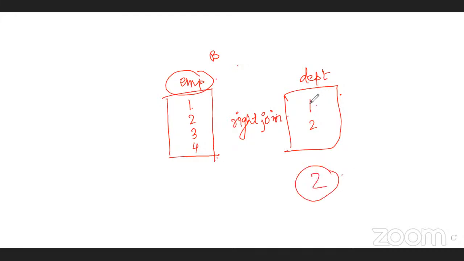If it is 3, 4, then it is 3, 4. So it will always return the number of tuples in the right-hand side table, and for the left join it always returns the number of tuples of the left side table. So both maximum and minimum are the same. And for the full outer join, the whole table will come.